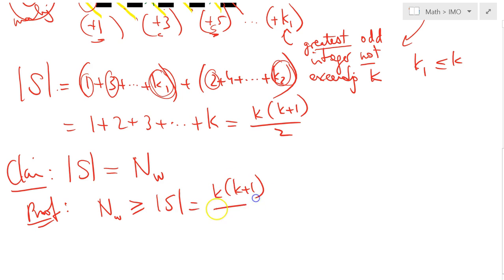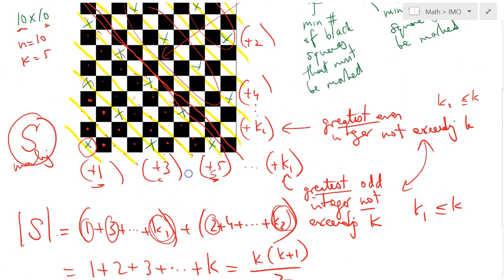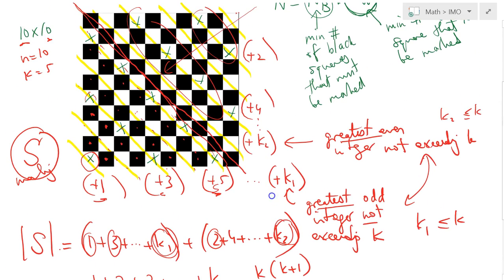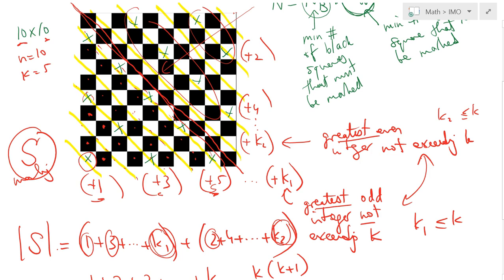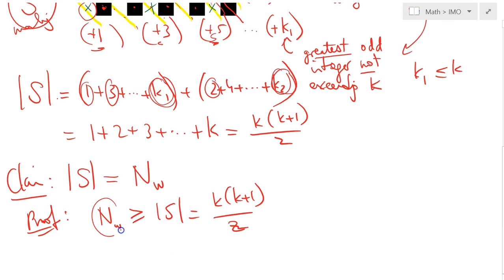And the reason is simple, because the way that I marked here is efficient. What I mean by efficient is that no black square is adjacent to 2 different white squares. Every black square is only adjacent to a single white square. So therefore this marking here is efficient. So NW, whatever it is, cannot be less than this number. So this is the lower bound for NW.